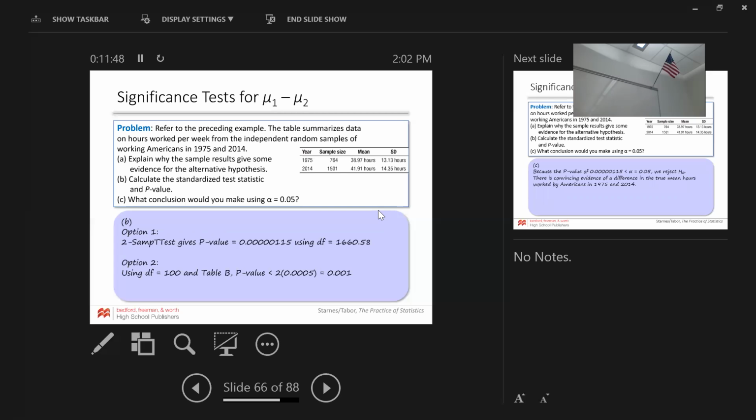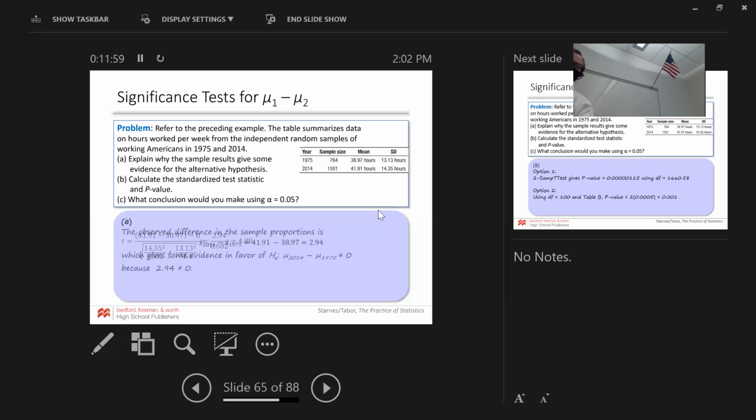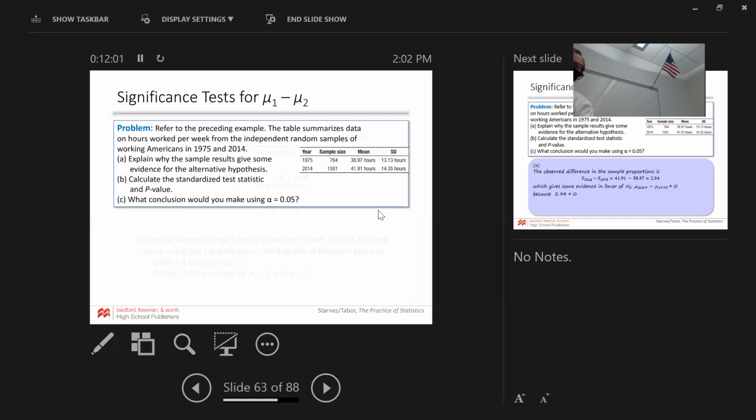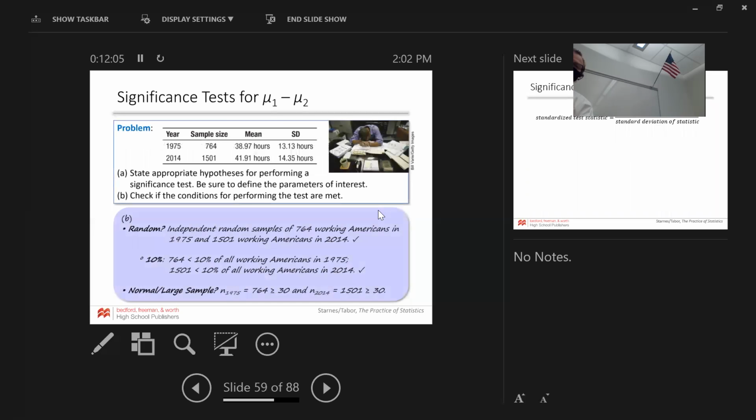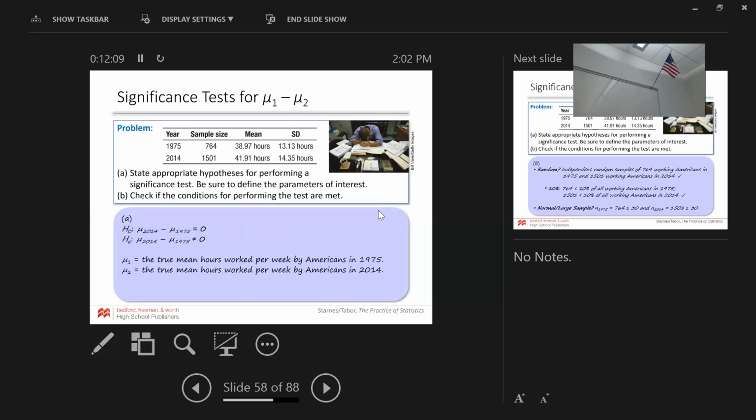What about the interval? What does the interval have to do with the null hypothesis? Read the interval to me, please.